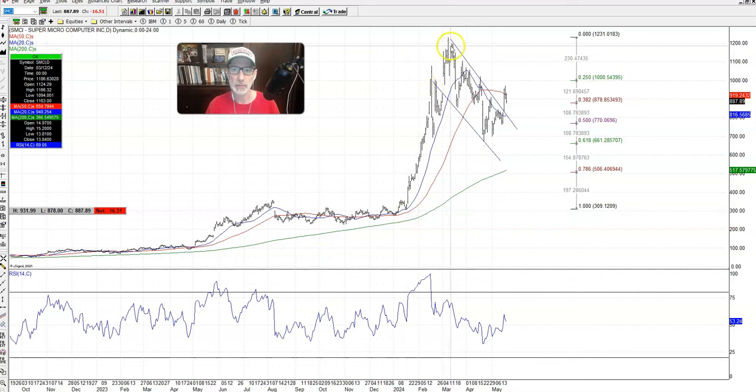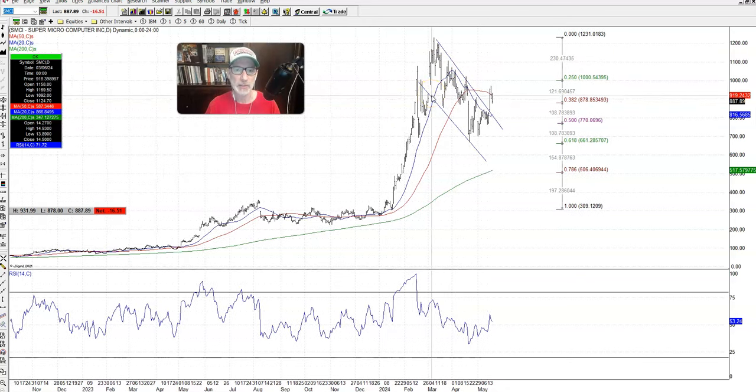So if you have a really big move like this, in most cases, price action will retrace at least 50% of that move. 50% to 61.8% are the two big numbers in Fibonacci land. Okay, so you can see SMCI had this big move, and then it retraced right back down to the 50% and 61.8% area. You can see the level right here, hit this one day right here, and then it starts to move up again. So keep an eye on SMCI.